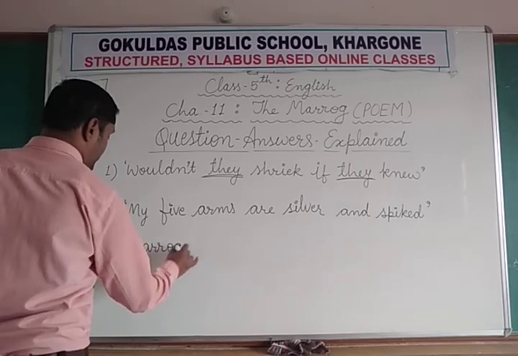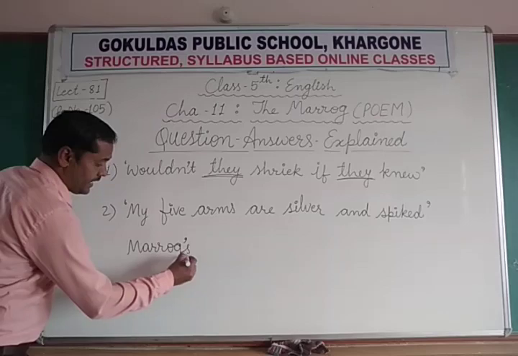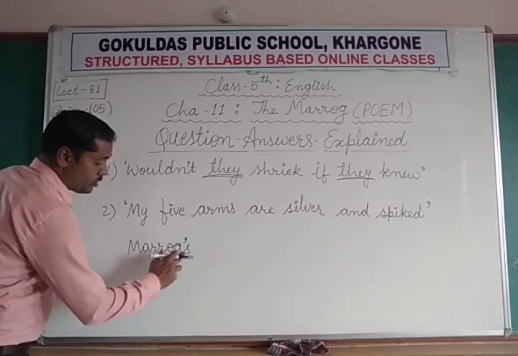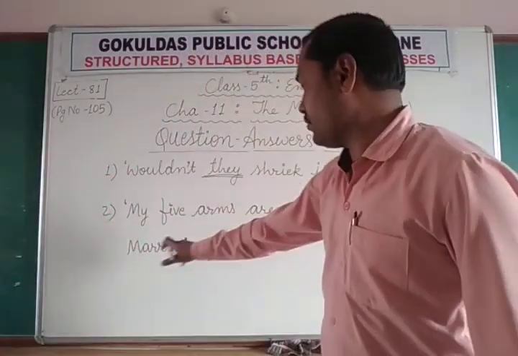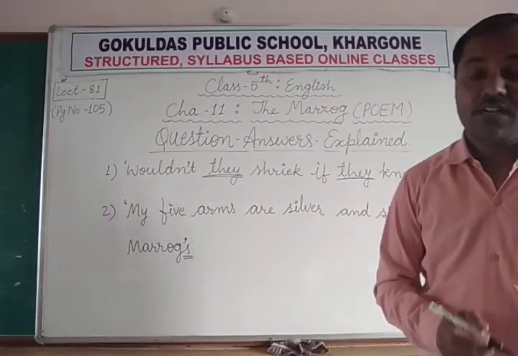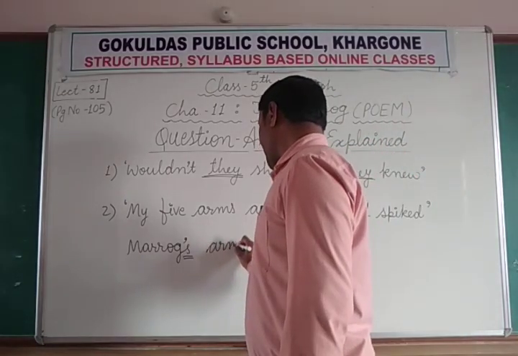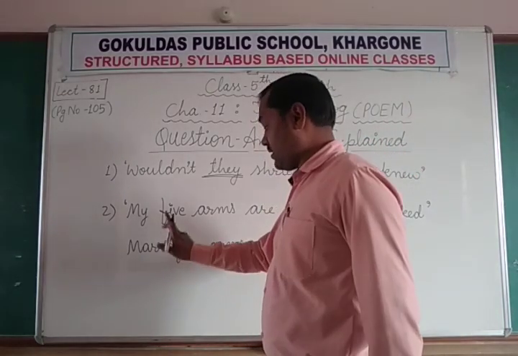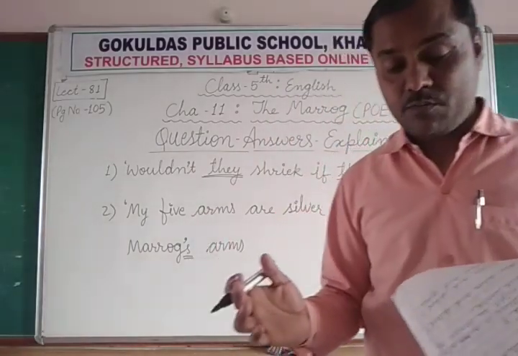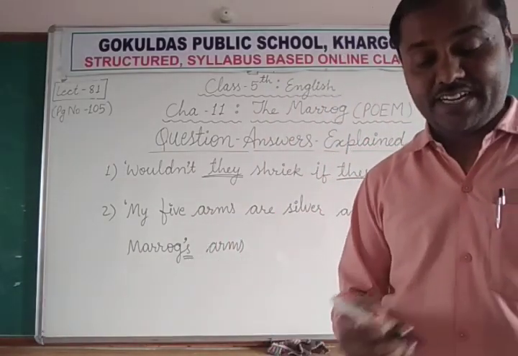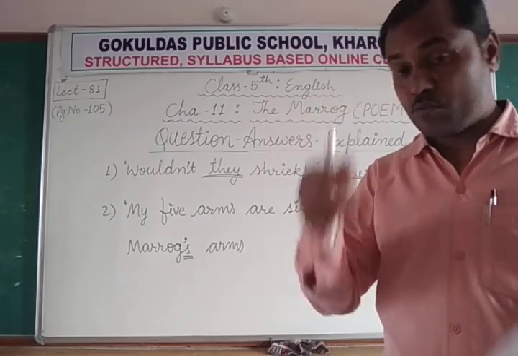Marrog, then apostrophe S. For that we use apostrophe S. Marrog's arms. Whose arms? Marrog's arms. Are silver and spiked. His arms are silver and spiked.